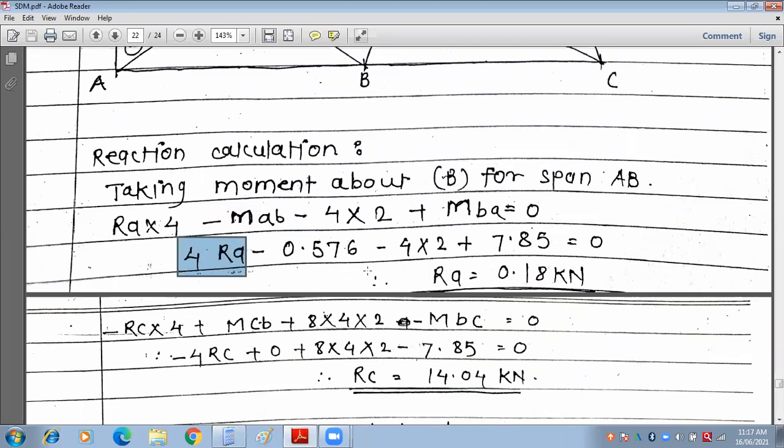Fixed end moment at AB is minus 0.576. Point load is there, 4 into 2, plus the fixed end moment BA, which is 7.85. Now simplify this term, and you will get reaction RA as 0.18 kilonewton.